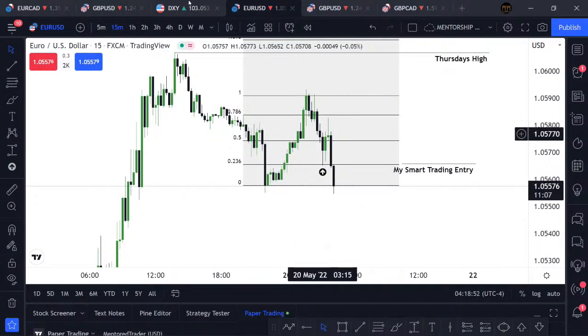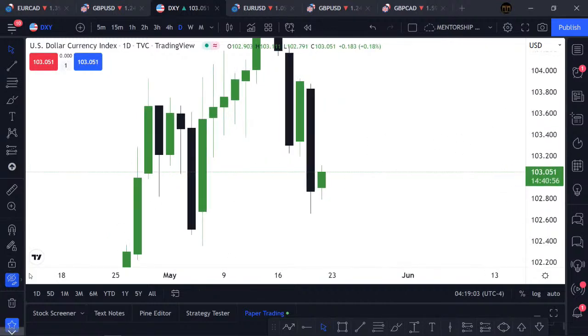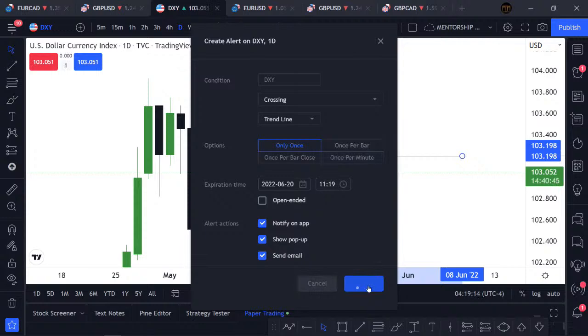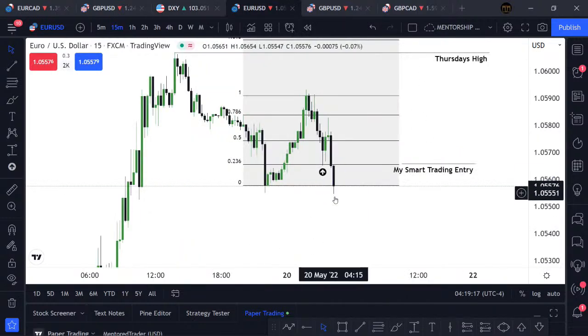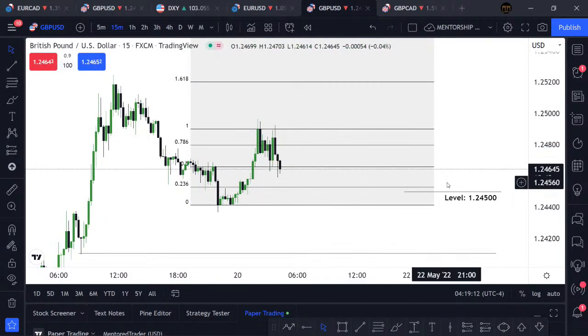So the euro dollar, maybe this week here. Okay, see this week, this green candle's low. Let's go ahead and we'll mark that. Okay, let's also have an alert there. The euro dollar, let's see the pound. This will be my entry right here.